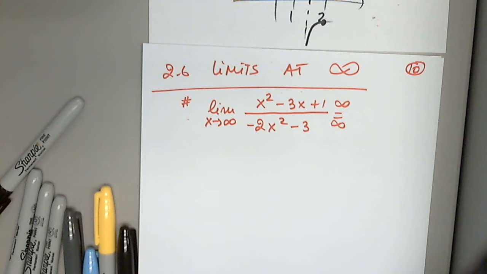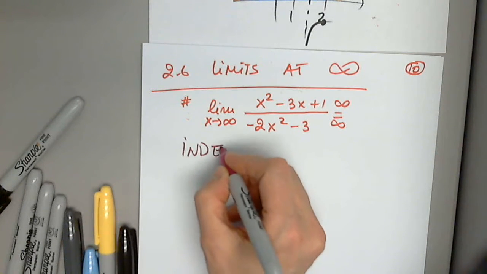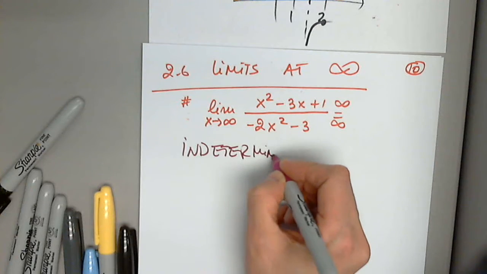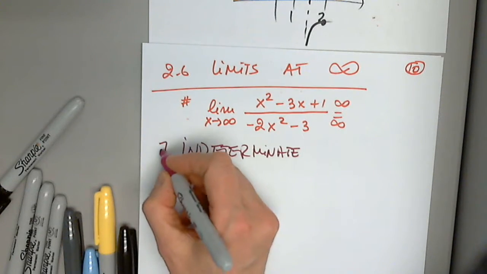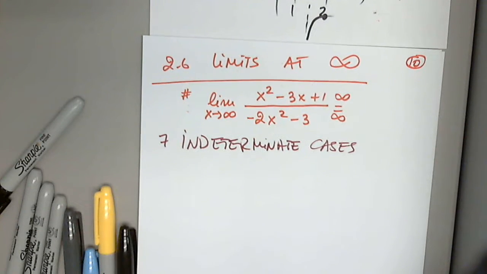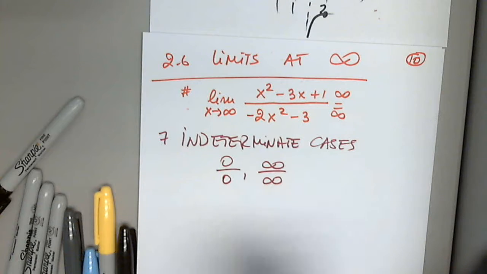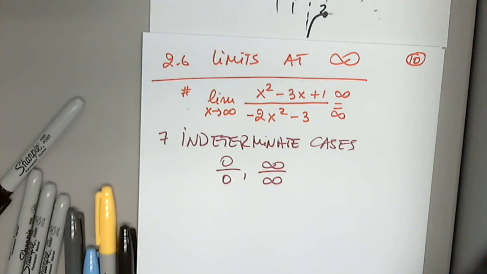Can anyone remind us what was the first indeterminate case? Excellent. So there are 7 indeterminate cases. We only looked at 0 over 0, and this one is the next one. The sign is not important. So this is an indeterminate case, infinity over infinity. Good.